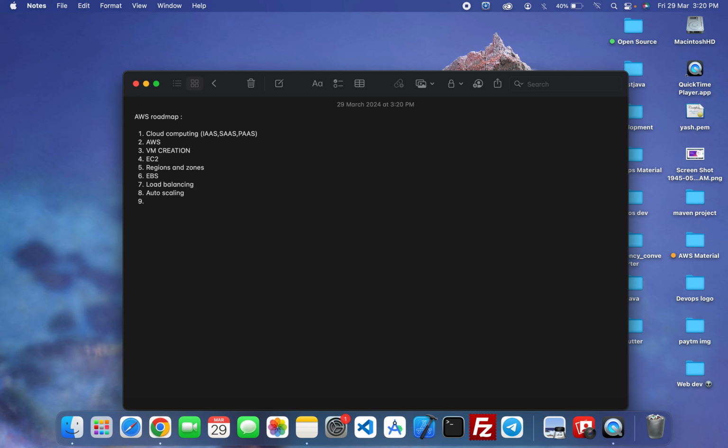So next topic is Amazon AWS VPC. VPC stands for virtual private cloud. Virtual private cloud is used to create your own virtual private cloud. VPC is not a big thing. VPC is just providing isolation to our resources, like EC2, S3, and other types.